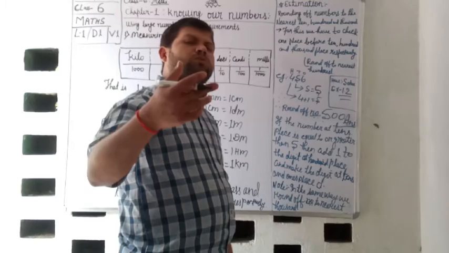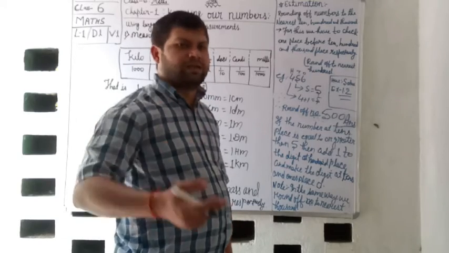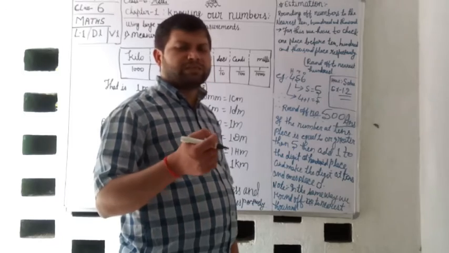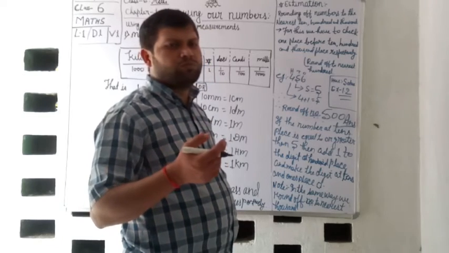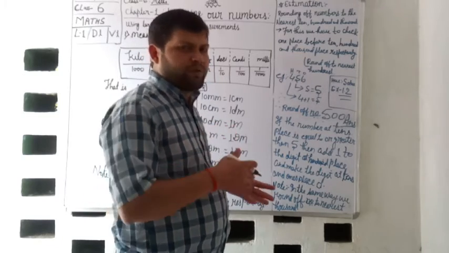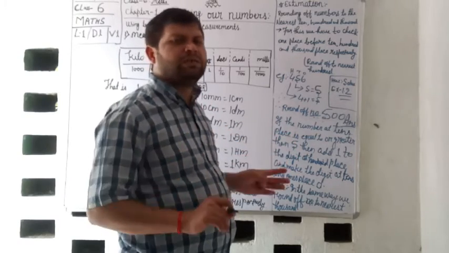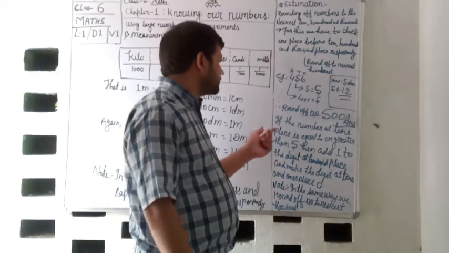So we move towards 100. If it is less than 50 in the last two digits, then we have to move in the backward direction. So this is the main trick.